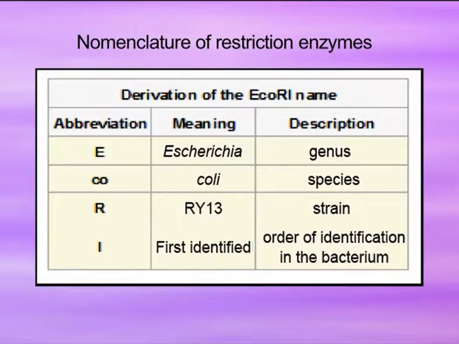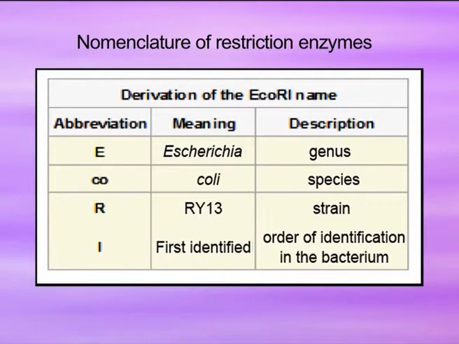The strain is written as a capital letter, that is, the capital letter R stands here for the strain of E. coli from which the enzyme was first discovered. So what was the strain? RY13. And the Roman numeral 1 denotes that it is the first enzyme to be discovered from Escherichia coli strain RY13.